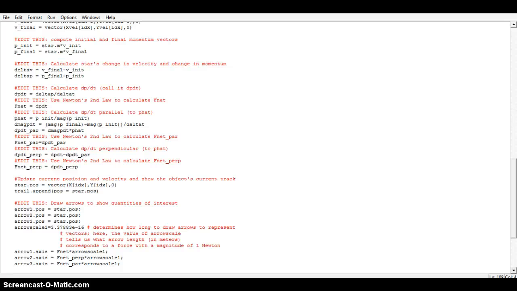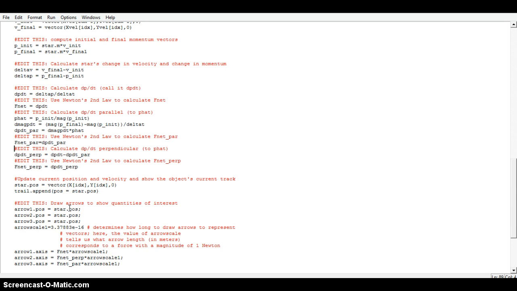Also, we need to put some other calculations, which is F net equals dp/dt and the parallel and perpendicular components of dp/dt, which is dp/dt parallel equals d mag p dt times p hat, and dp/dt perpendicular, which is dp/dt minus dp/dt parallel.